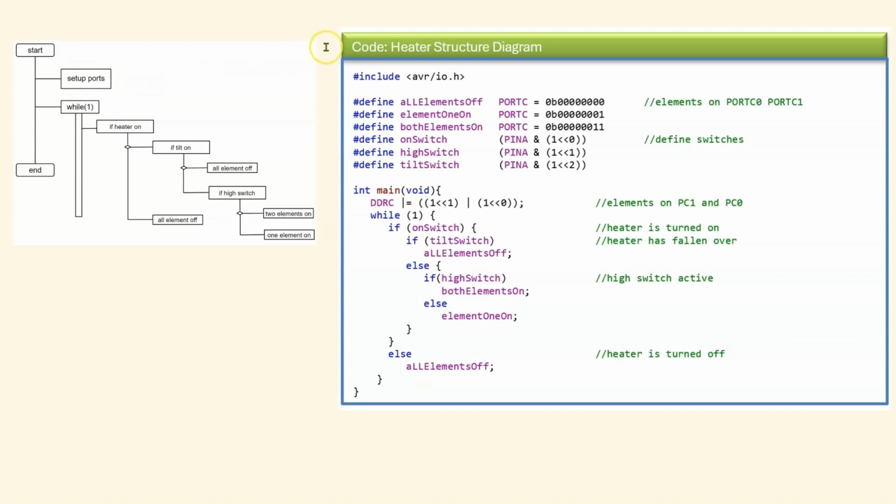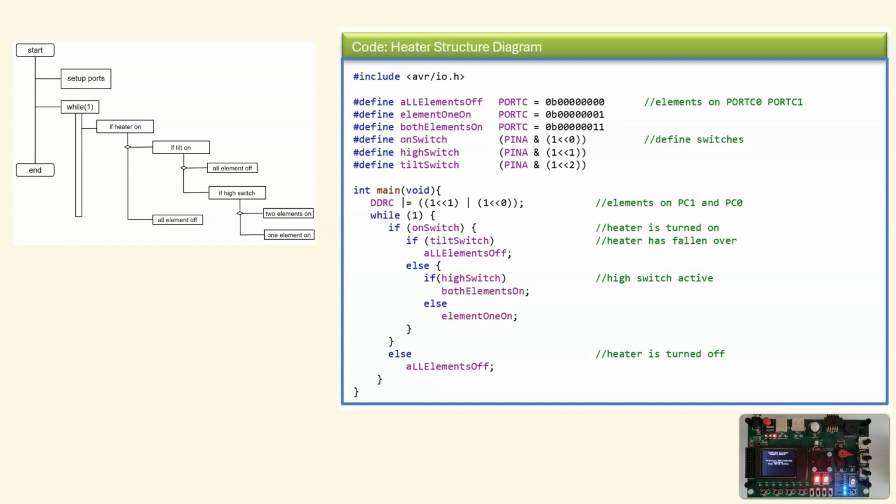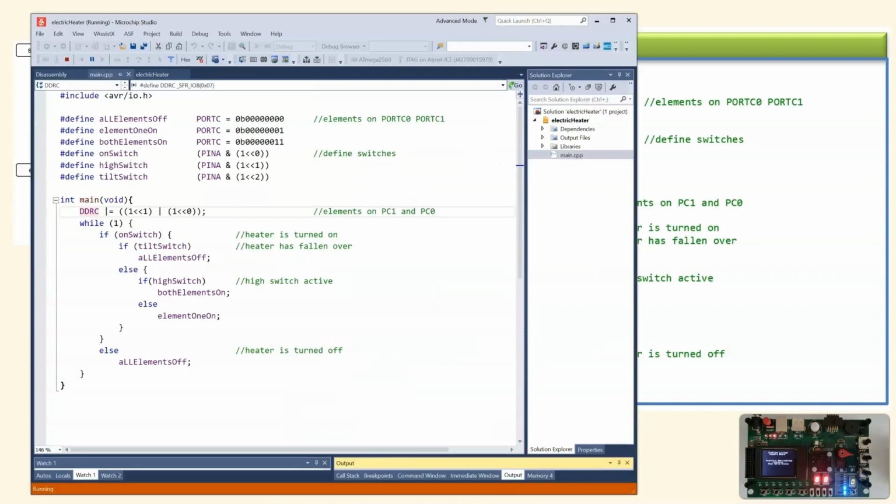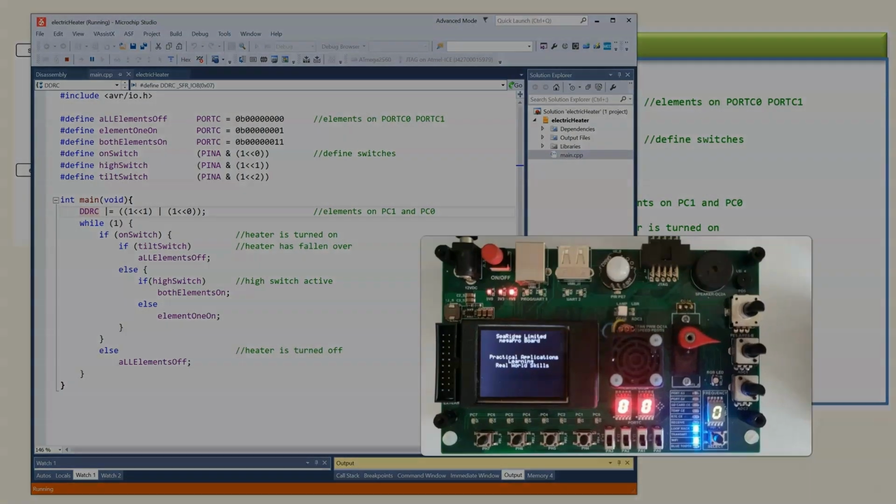We can see the C code written from the structure diagram, the defined statements for the inputs and outputs, the while one, and the if-else structures. And finally, I have written the code into Microchip Studio and have downloaded it to the Mega Pro board, and we can see this one running.